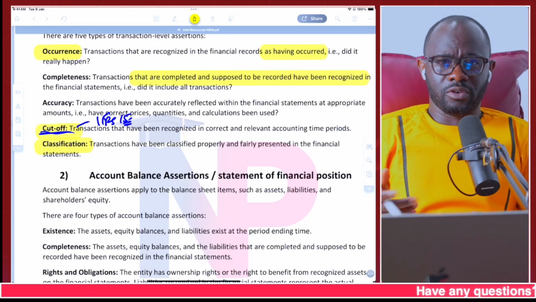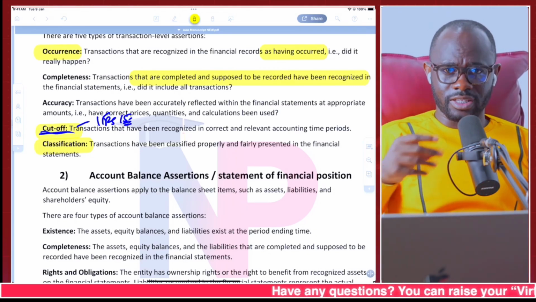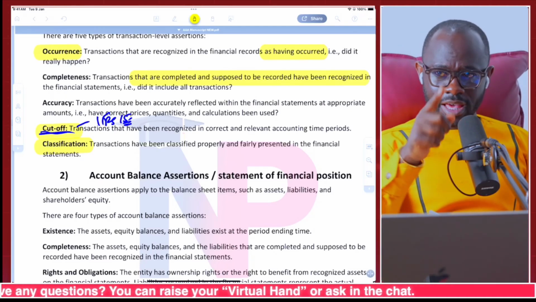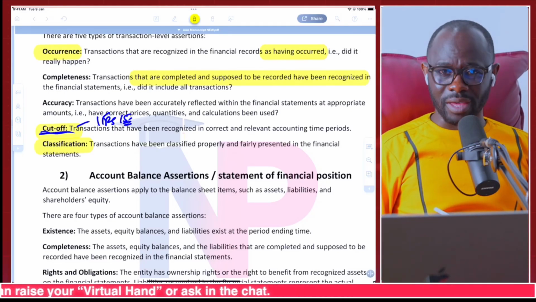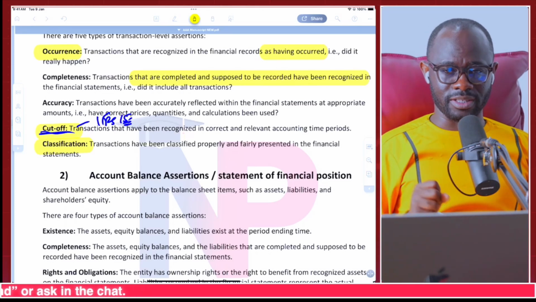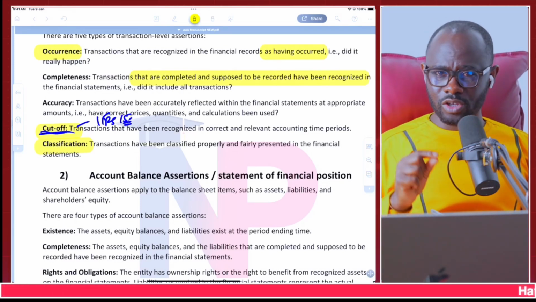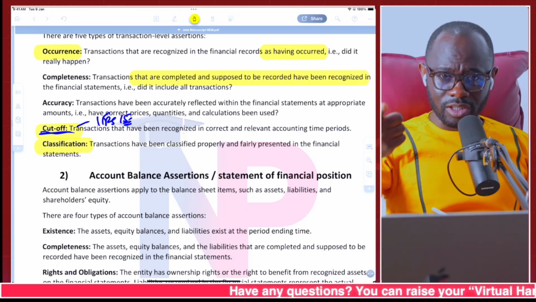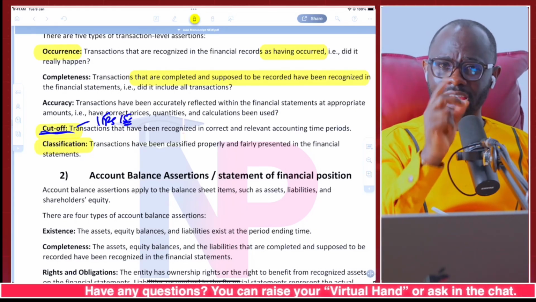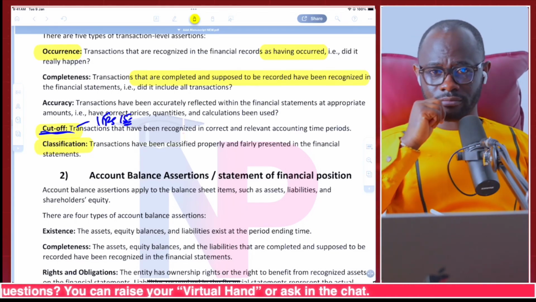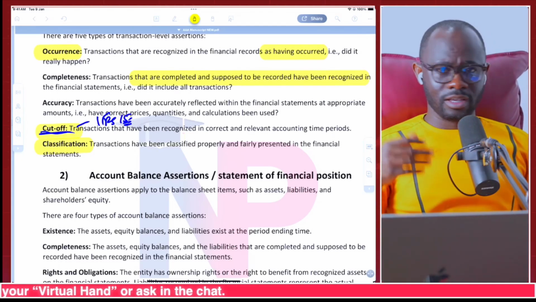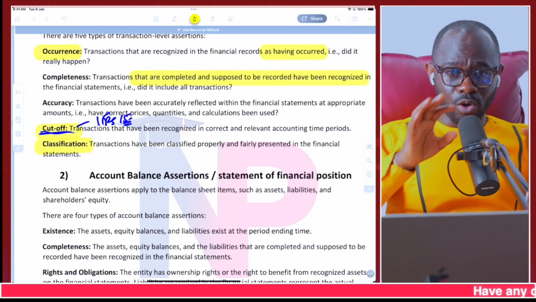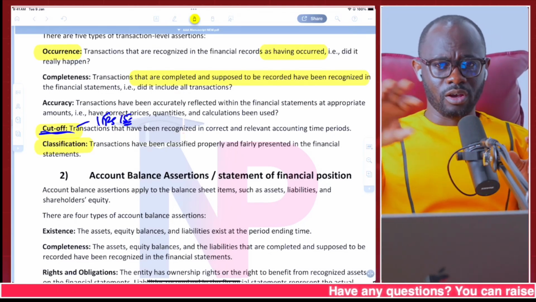So as part of our procedures, if they are undertaking research, what do we do? We need to inquire from management and obtain the cost elements of the research expenses. Why are we doing that? We want to find out whether it is complete, whether they really undertook the research, and whether they have classified the expenditure items well. Then you want to ask management which portion of the research expenses was written off, which option or which portion was capitalized.